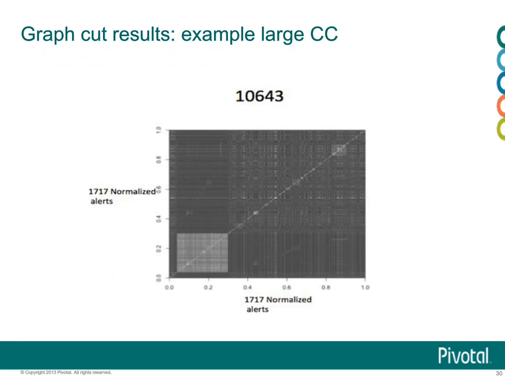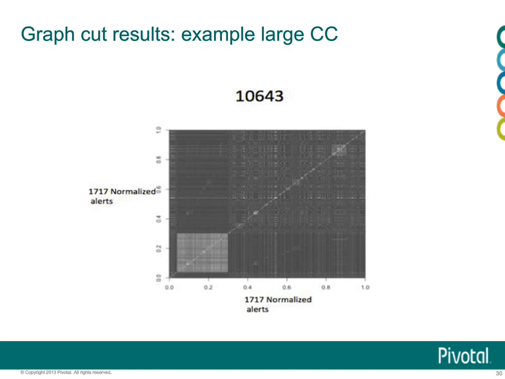This is the graph of the largest connected component, which had 1717 normalized alerts, and you can see on the bottom left corner, basically this is an affinity matrix where each element in this matrix is the affinity between or similarity between any two alerts i and j.